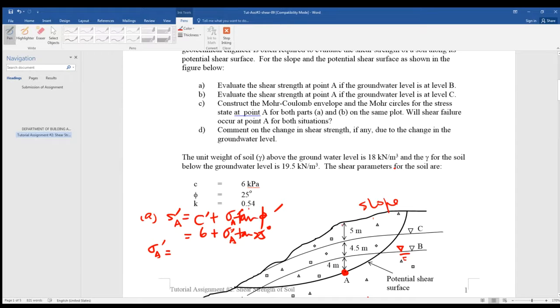First of all, what's the depth here? 9.5, right? Is it 9.5? 9.5 meter, right? So what's the unit weight?